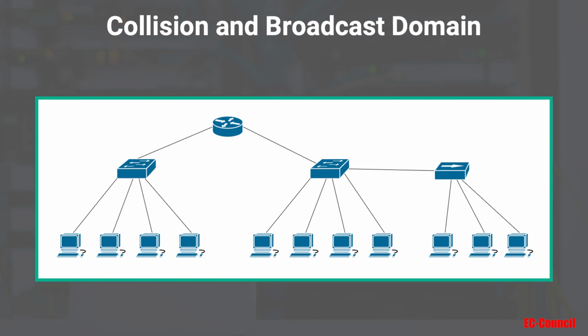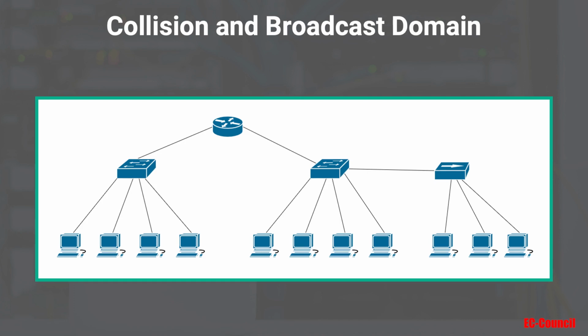Well, PCA will send a broadcast message to switch 1. Switch 1 will accept the broadcast and forward it out of all ports. So therefore, the broadcast message will reach the router. The broadcast message will reach PCB, also PCC, and PCD.